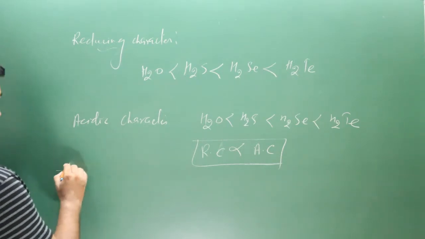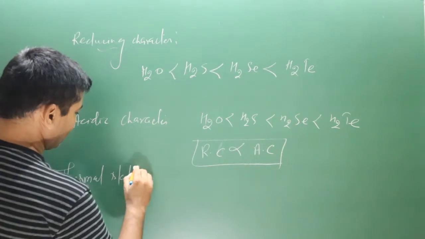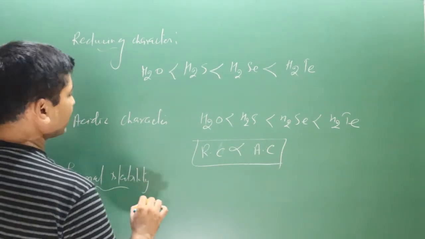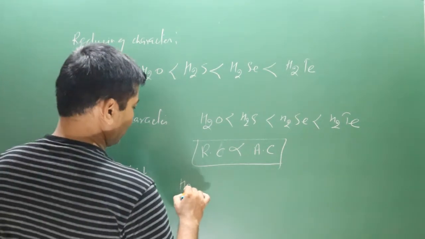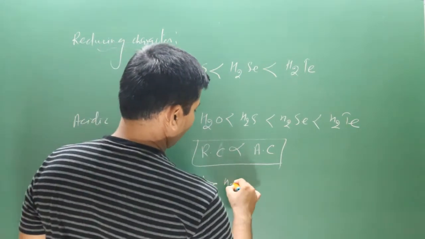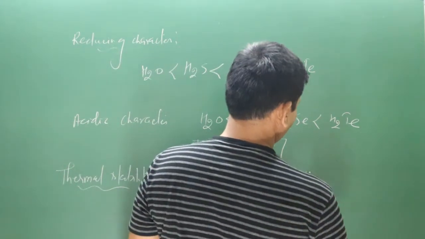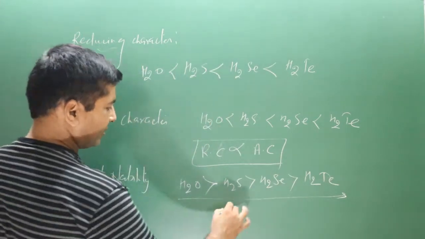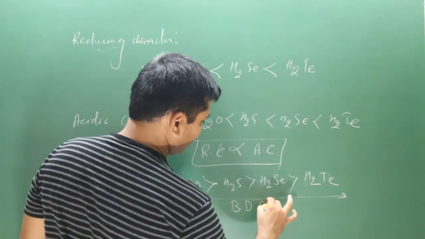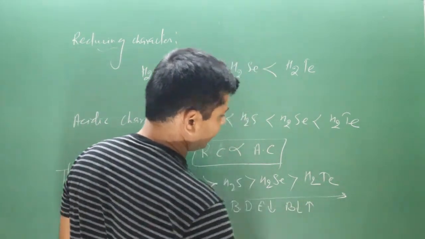But when we talk about thermal stability, as the bond dissociation enthalpy decreases from top to bottom, thermal stability also decreases. So we have the trend H2O, H2S, H2Se, and H2Te. As we go from left to right, bond dissociation enthalpy decreases and bond length increases.